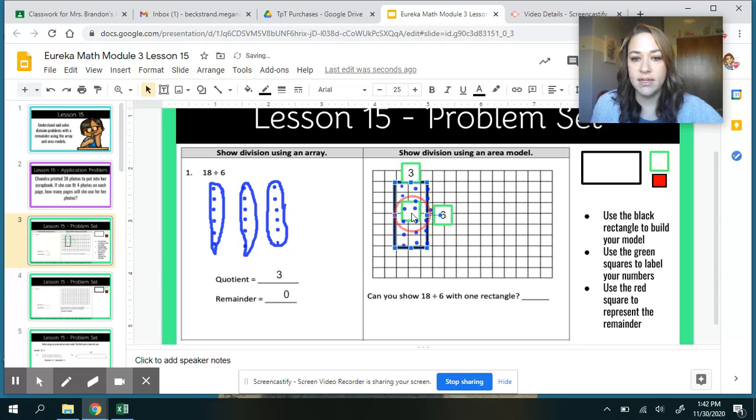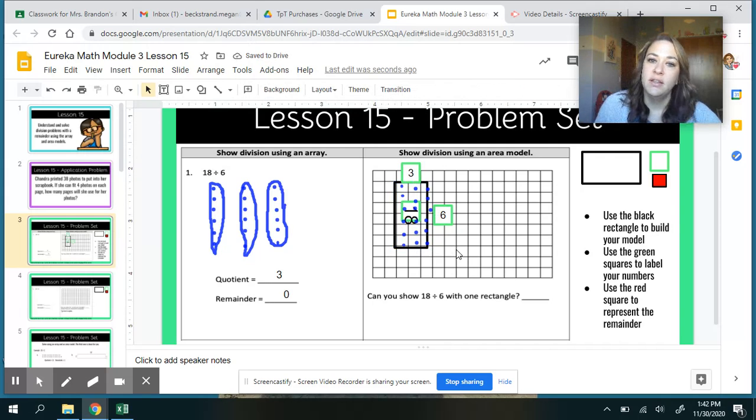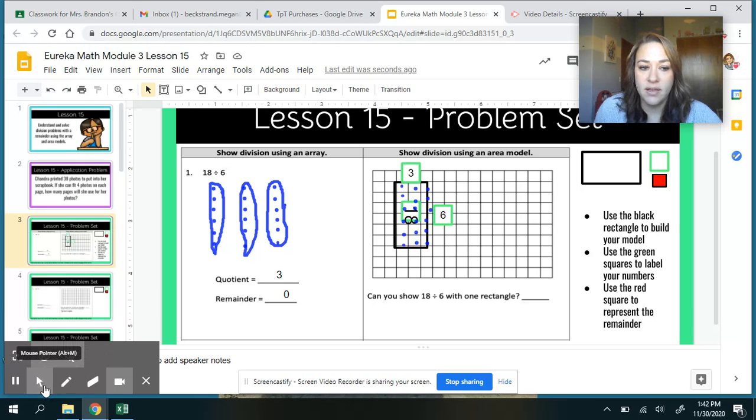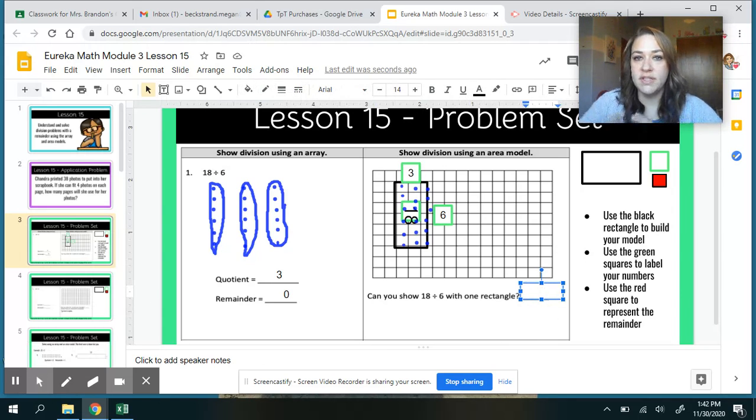And in the last lesson, I talked about how, oh, that went sideways because it's so big, but you can see it. So I have 3 times 6 gives me 18. So 18 divided by 6 gives me 3. So remember I talked about in that last lesson that division problems are the opposite of multiplication.